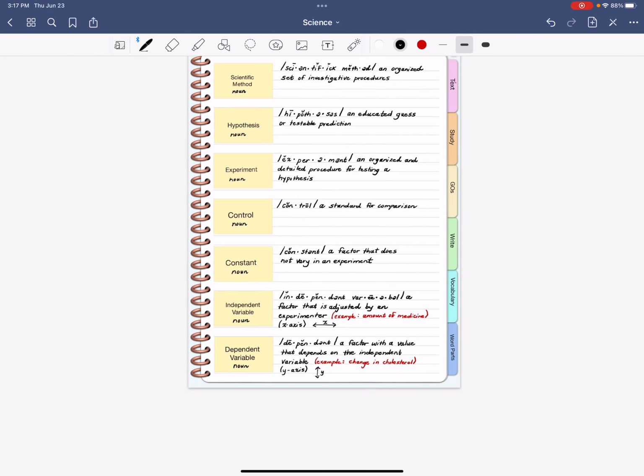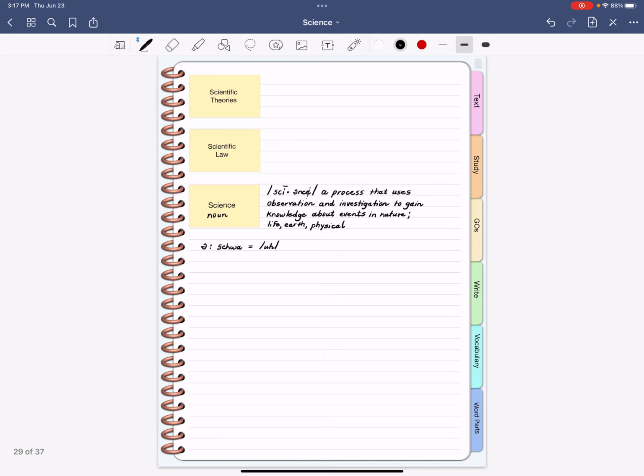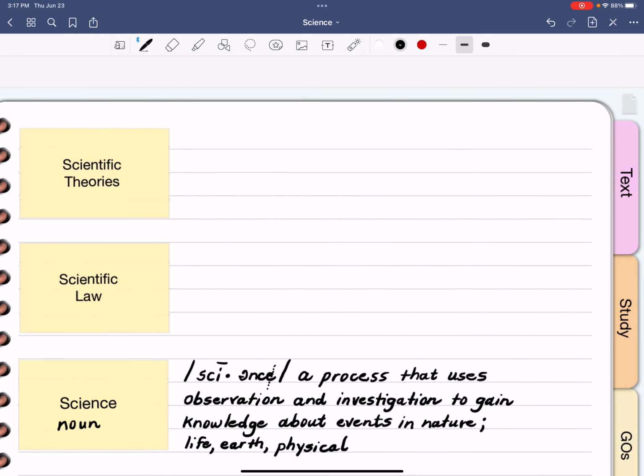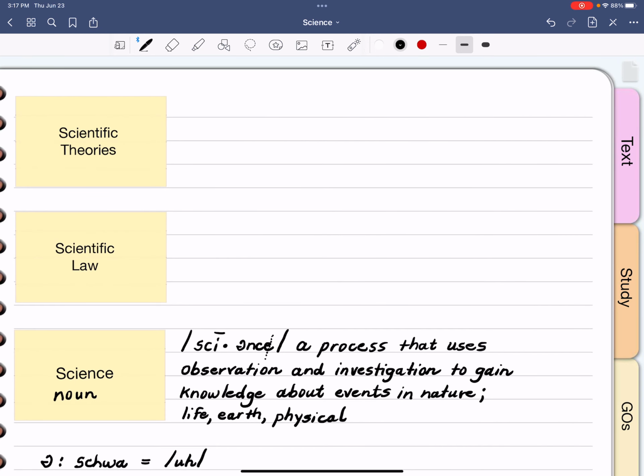Okay, a couple more vocabulary terms. We have two that are very similar. We have scientific theories and scientific law. So scientific, let's break that down.